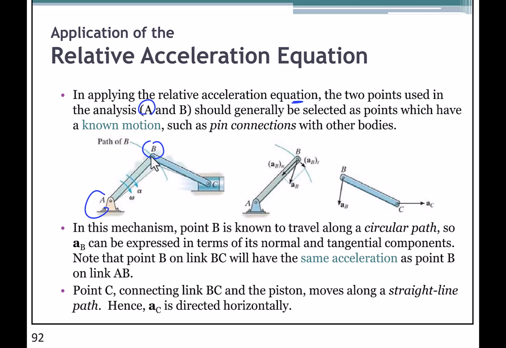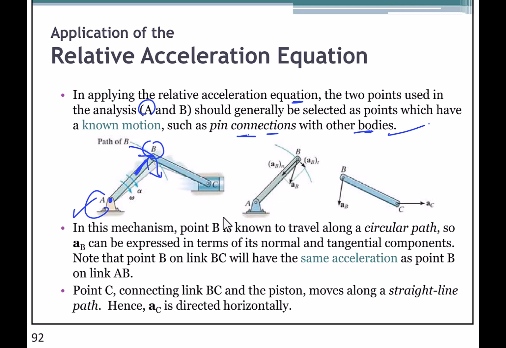So A will be fixed, I know it has known motion, and it has angular velocity but no radial velocity. So no radial components here, which is nice and simplifies the analysis. Pins, connections, and other bodies are nice points to select because we have known motions.